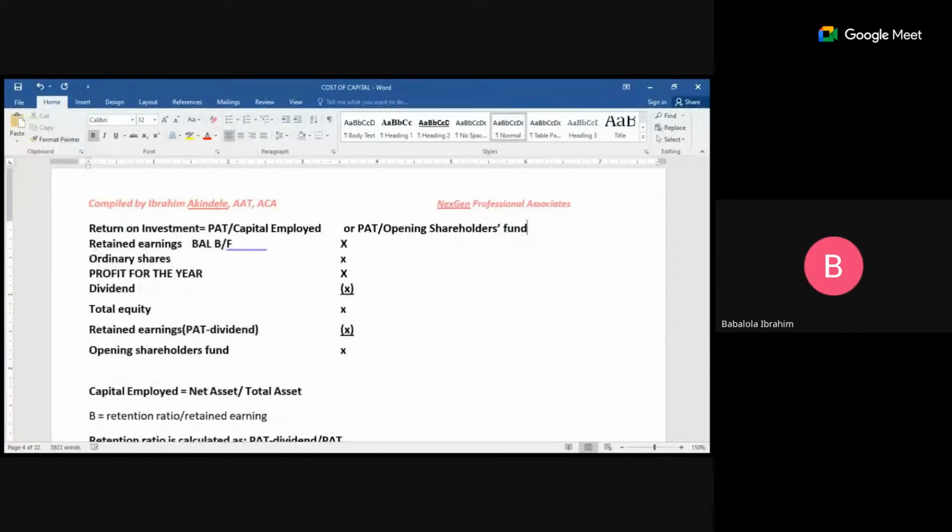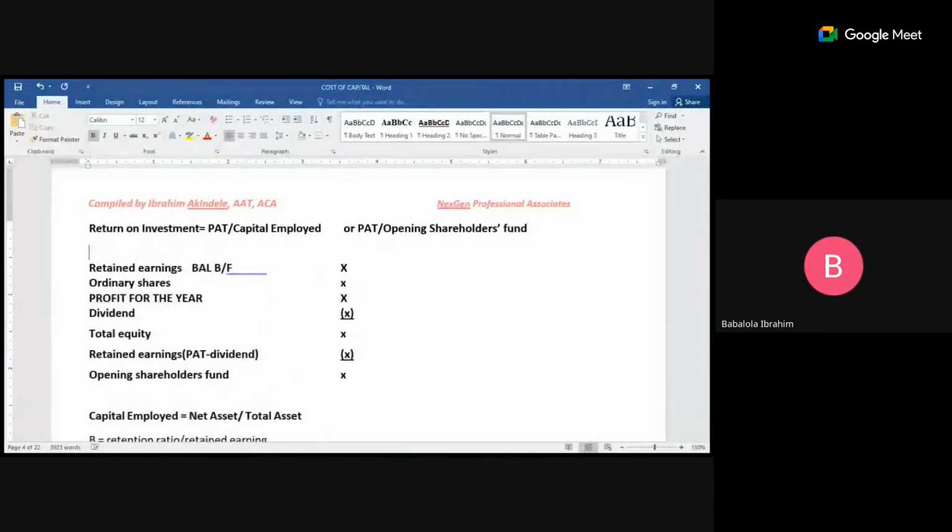The question I want to ask, I've already mentioned it. Assuming we have 2 years and we need to get the opening shareholders' fund, is it not the one for last year that's supposed to be our opening for this year?